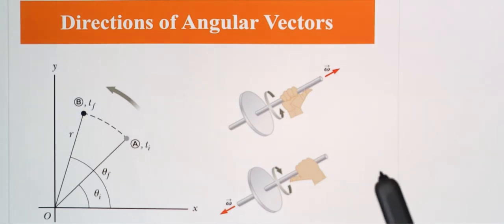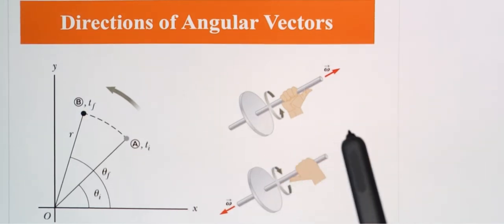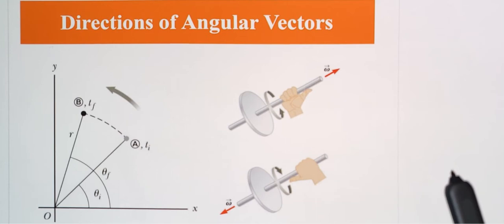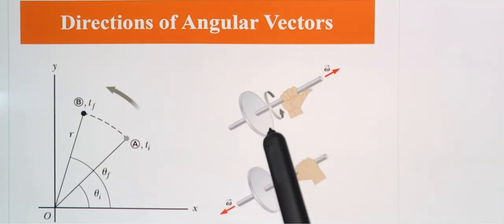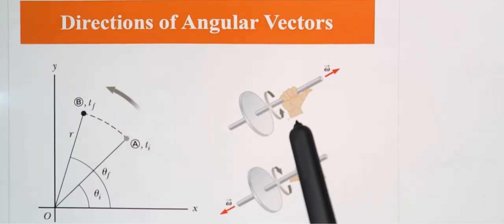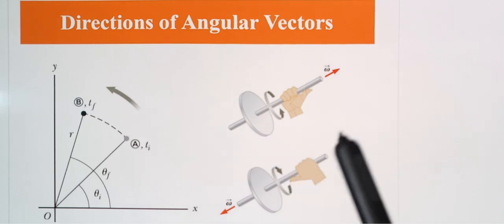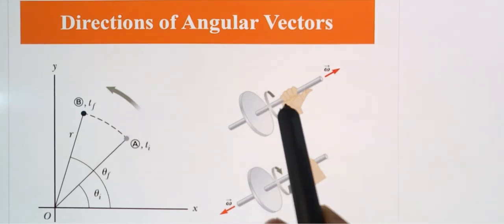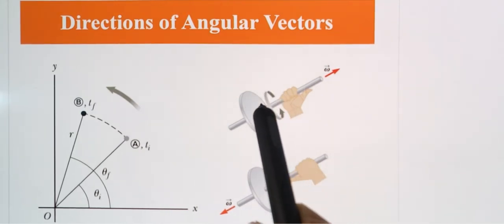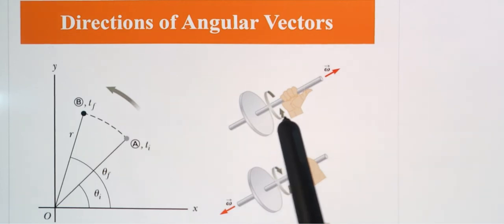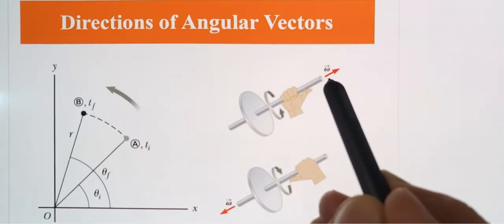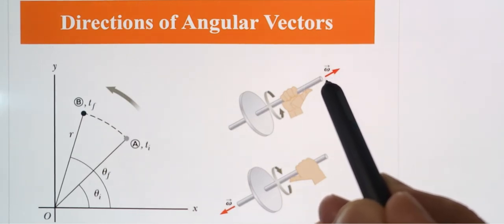Velocity is a vector, so angular velocity is also a vector. And how do we determine it? We determine it by the right hand rule. If it is rotating anti-clockwise, then the angular velocity vector is pointing perpendicular away from the object.